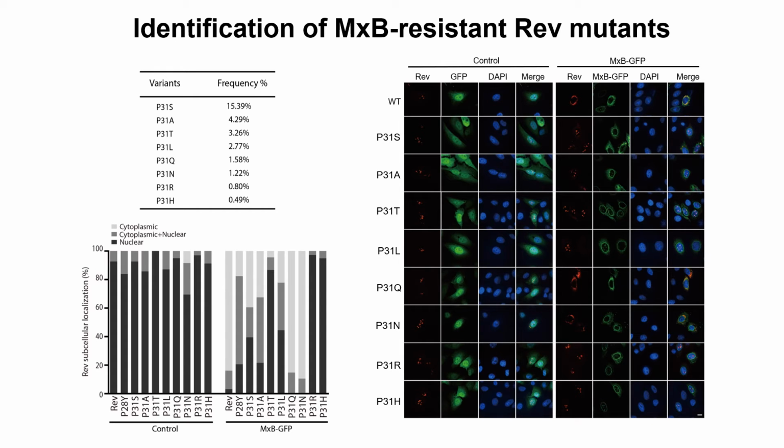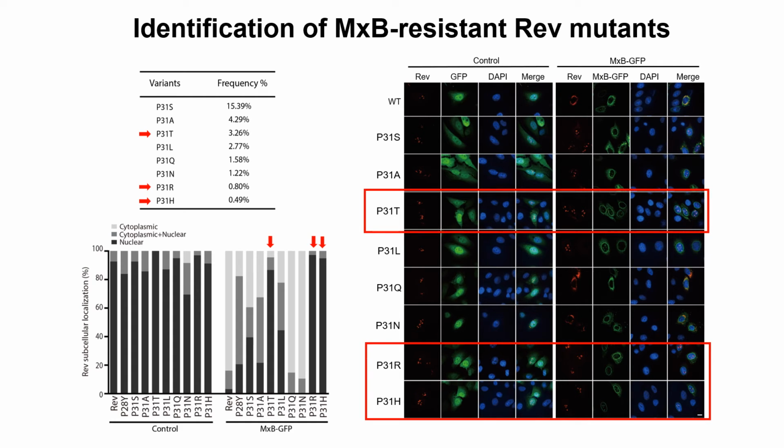We inspected Rev sequences in the HIV-1 strains from HIV patients and found a high degree of polymorphism at position P31. We thus tested these Rev variants at position P31 for their sensitivity to MxB inhibition. These are the imaging data, and this graph shows a summary of Rev localization with and without MxB expression.